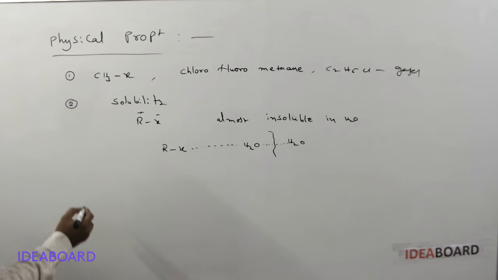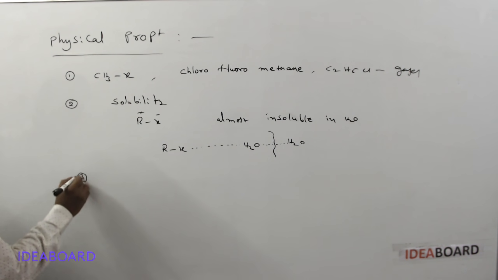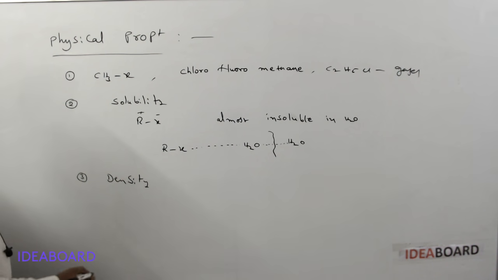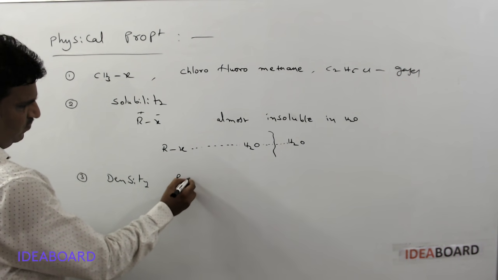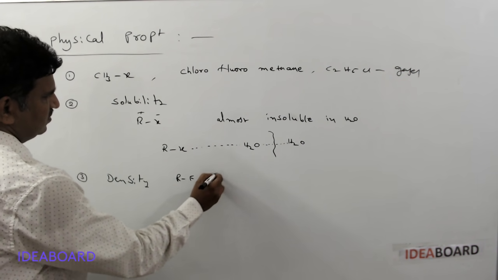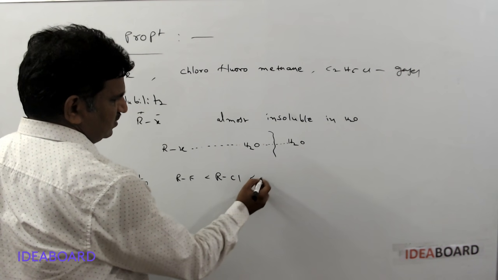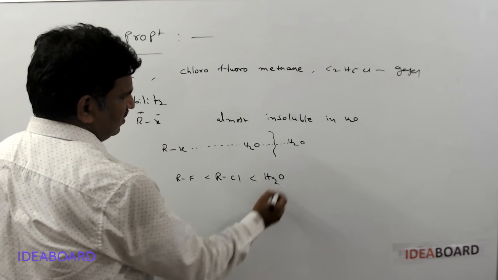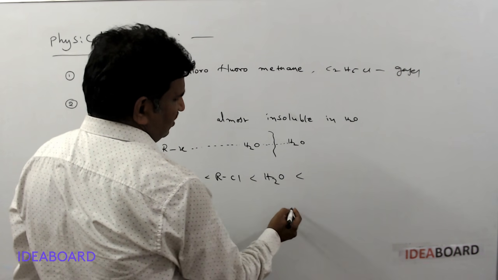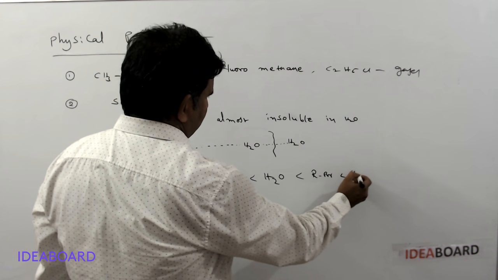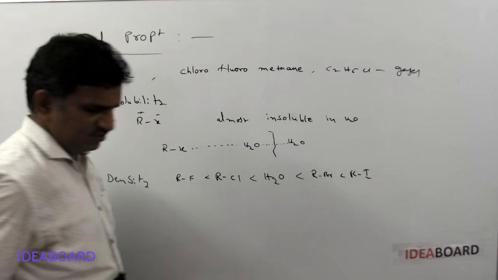Next point. Third point, densities. Here, alkyl fluorides and chlorides have less density than water, and alkyl bromides and alkyl iodides have more density than water.